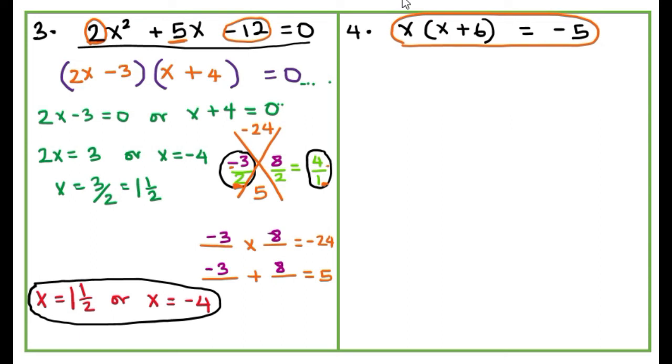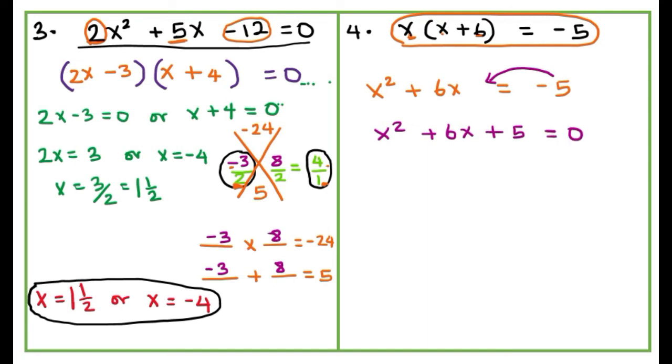So let's get x times x to get x squared, and we get x times 6 to get 6x, which is equal to negative 5. And now in the next step, let's get this 5 this side to come up with x squared plus 6x plus 5 equals 0.